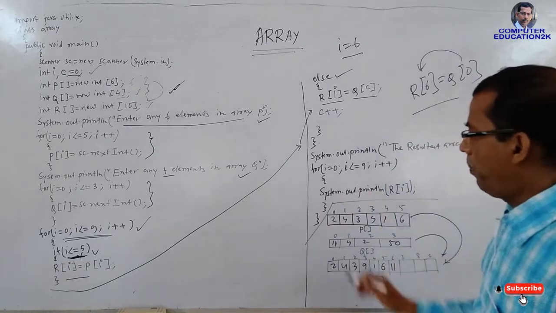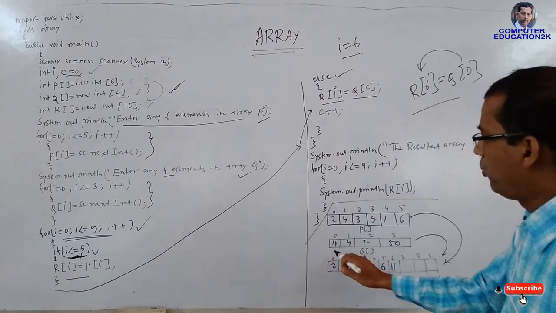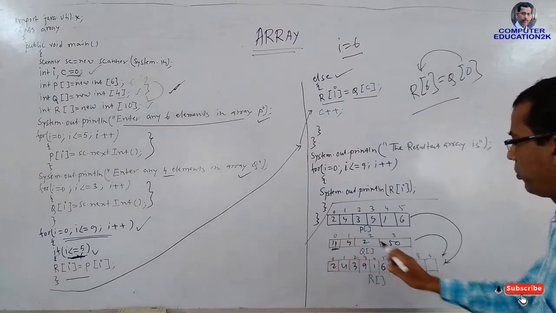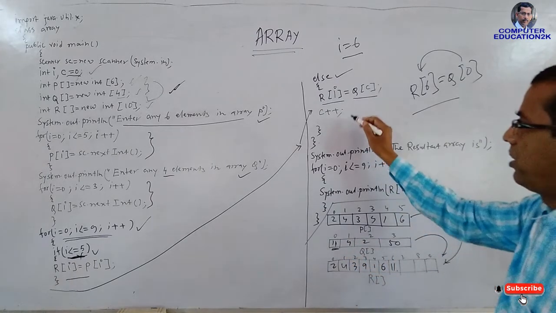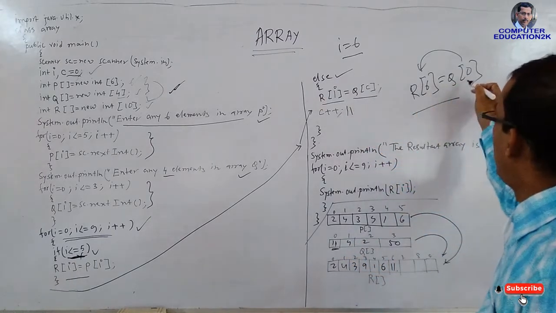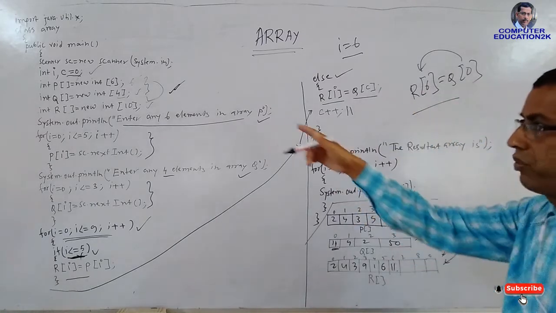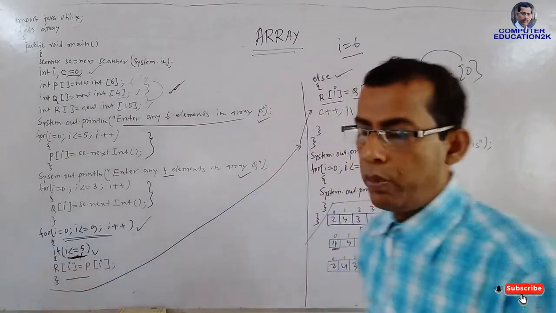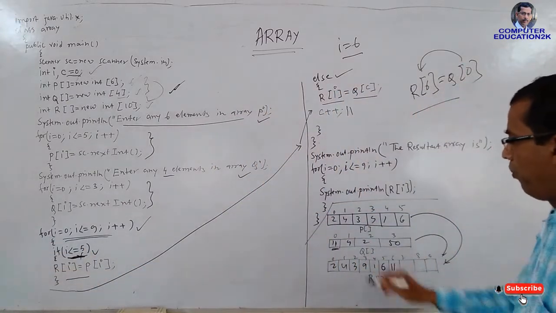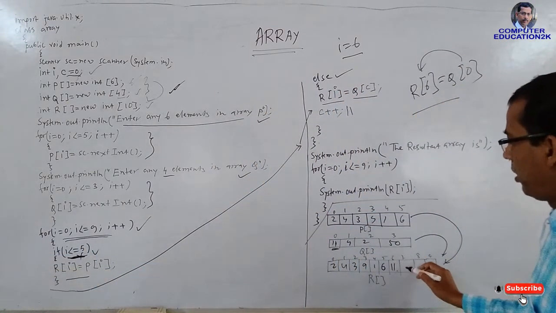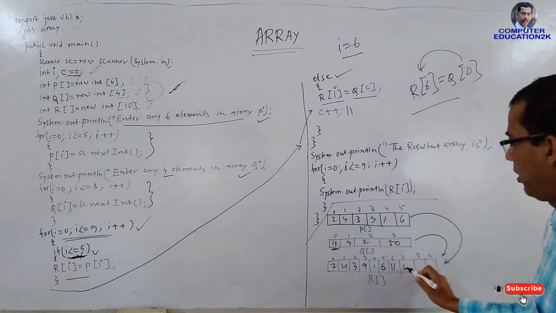What is Q of 0 you have? Q of 0 you have 11. So 11 will come and be stored in R of 6. Then C plus plus means C will keep increasing. C was 0 the first time, next time C will be 1. So Q of 1 will be R of 7, that means 4 will come here.